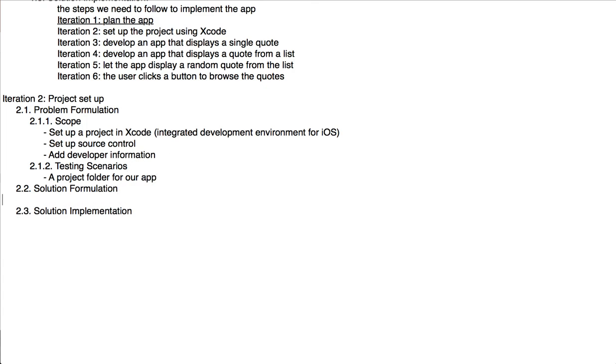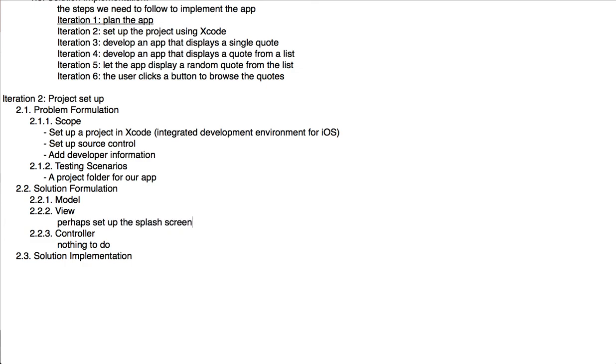In the solution formulation, we're not really developing the app, we are in setup. So you have the model, you have the view, you have the controller. There isn't really anything in the controller, nothing to do for the controller. For the view, perhaps set up the splash screen with developer information.